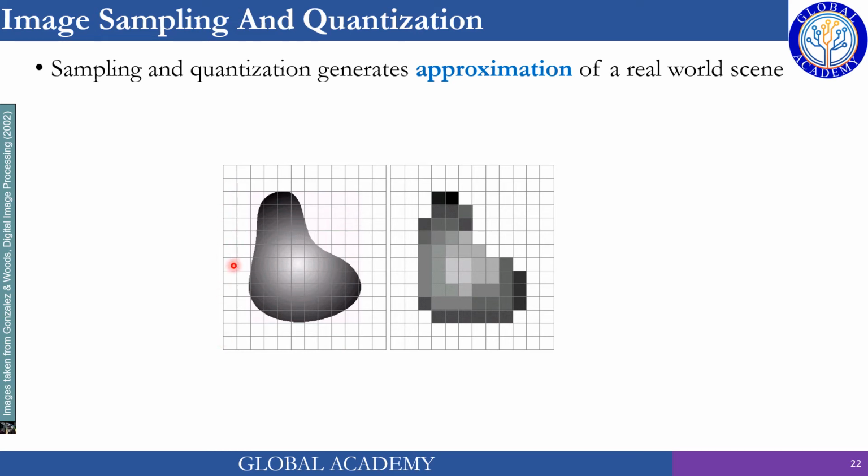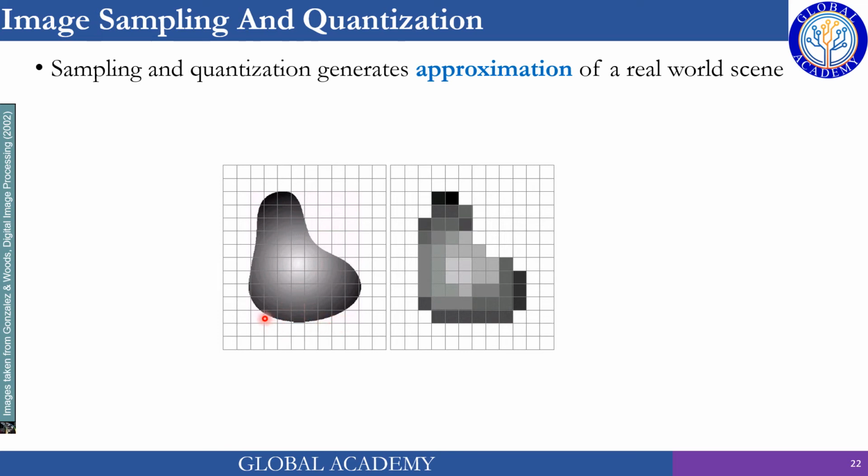Each box is a sensor. The image in reality is continuous in nature along the x-axis and y-axis, but we cannot sense the image along the real axis. So the image is sensed only at discrete locations, like over here, over here, over here, and so on.